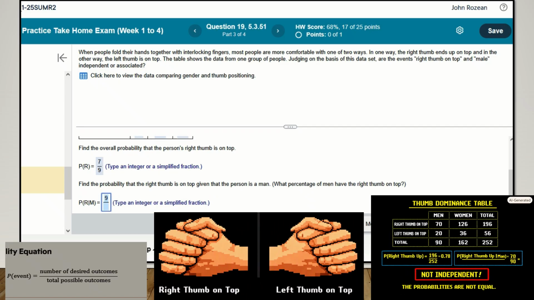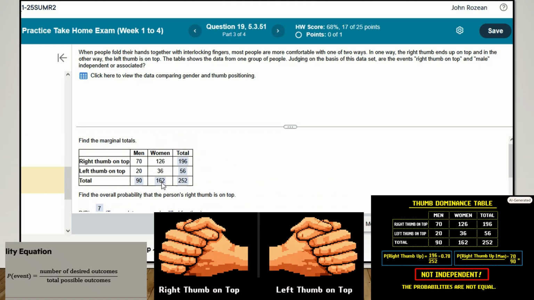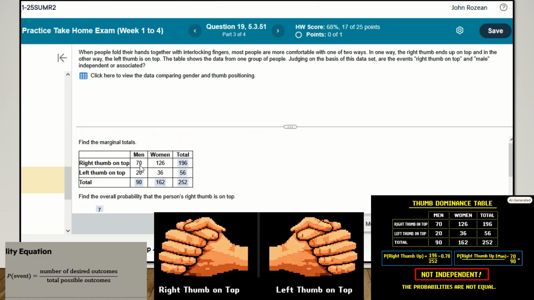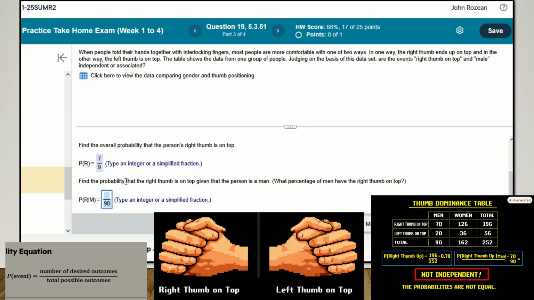That's going to go on the bottom. But out of the males, 70 are right thumb. I can just divide both of those by 10, and that would reduce down to that. Interesting thing to note, the probability of being right-thumbed is not affected by being male.